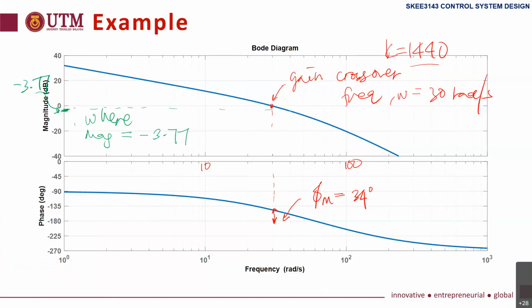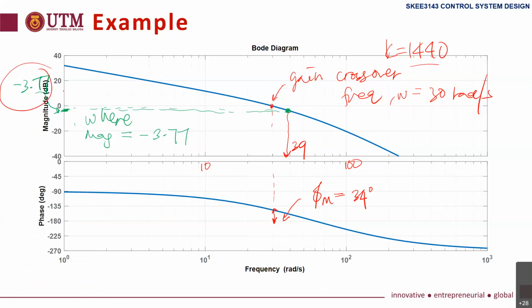It's about 40. Let's assume this is the one. And the value here is 39 radian per second.